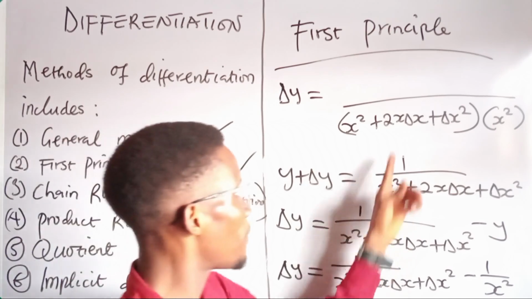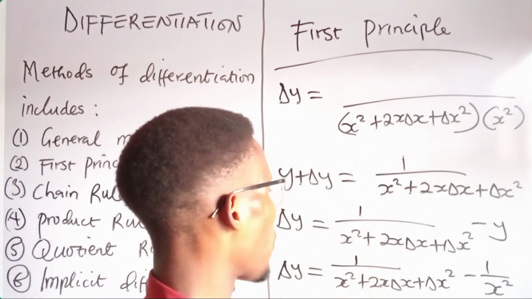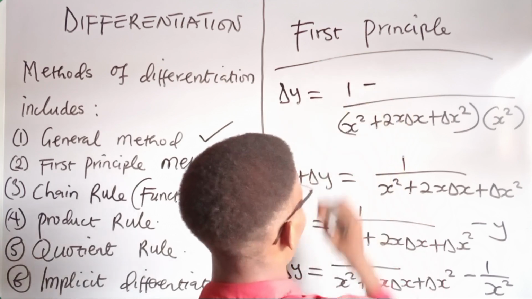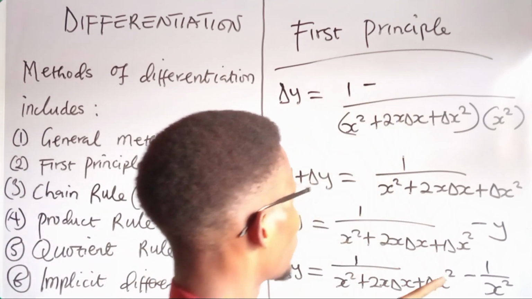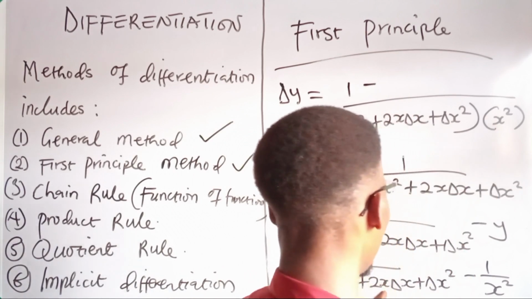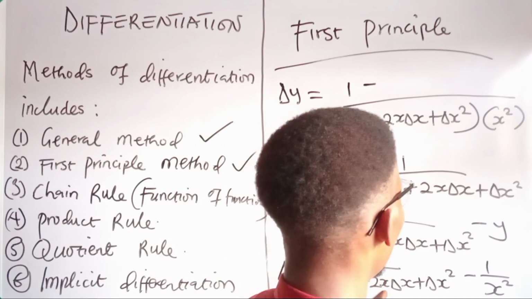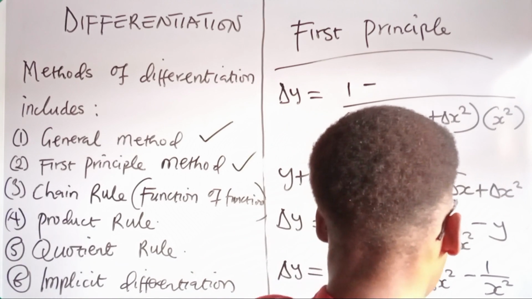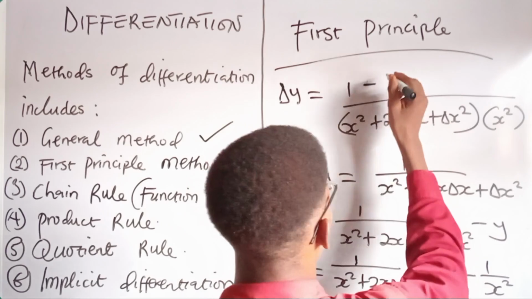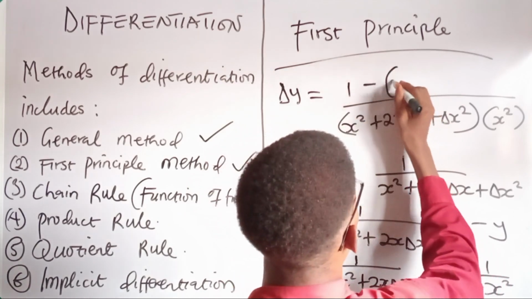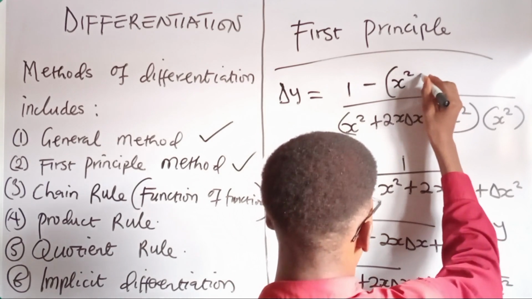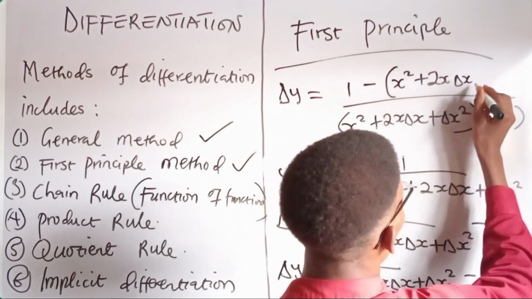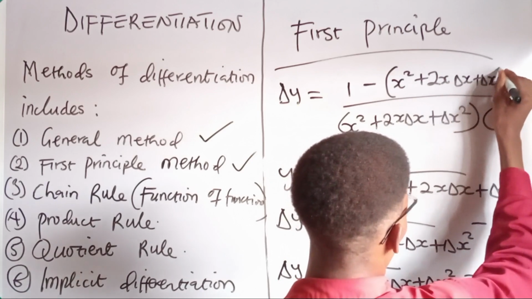Such that if this is divided by this, you are going to have 1. 1 multiplied by 1 is 1. Then you put your minus. Then if this is divided by this, we are going to have this, multiplied by what is up here, we are going to still have brackets s squared plus 2s change in s plus change in s squared.